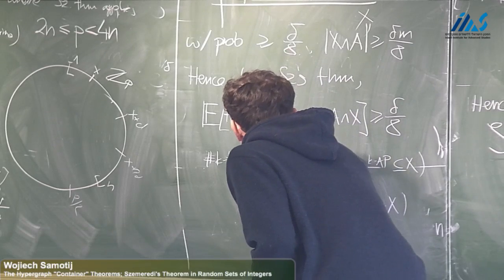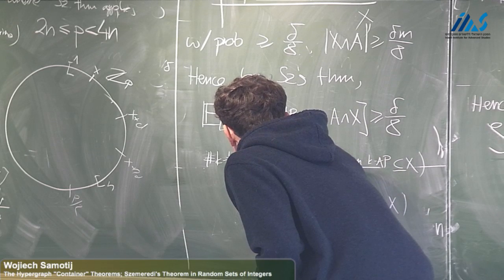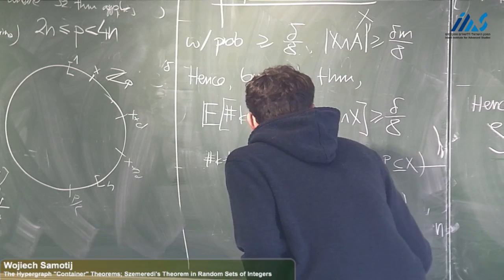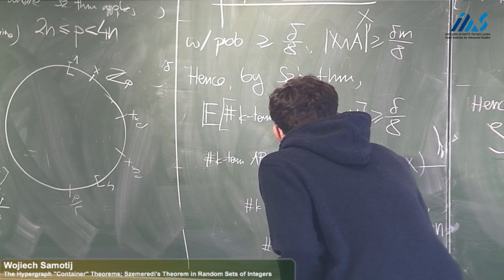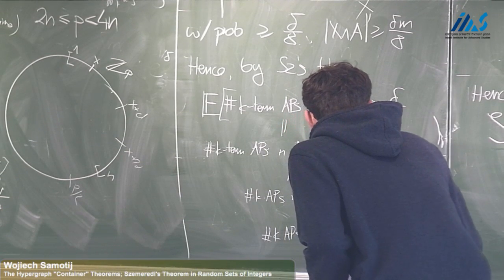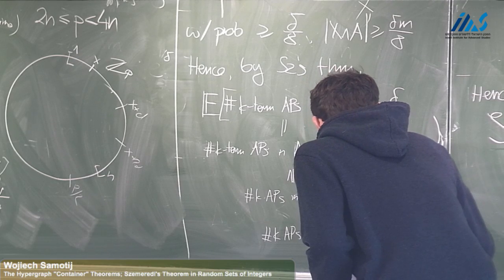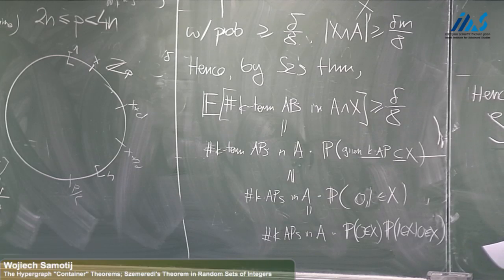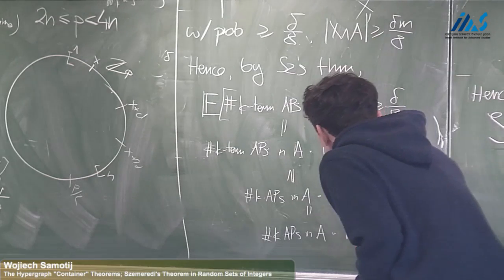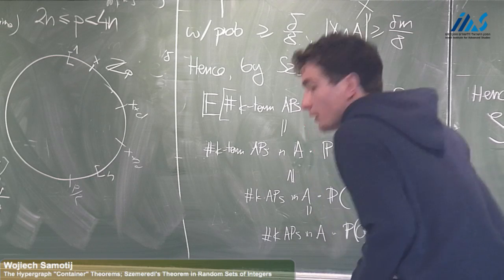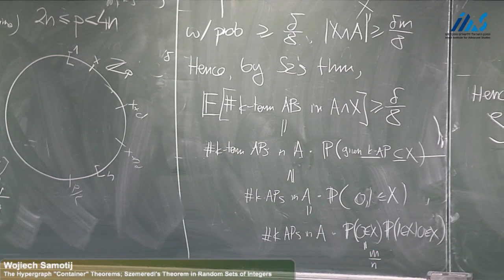So the number of k-term APs in A times the probability that 0 belongs to X, times the probability that 1 is in X given that 0 is in X. The first is just m divided by n by symmetry.